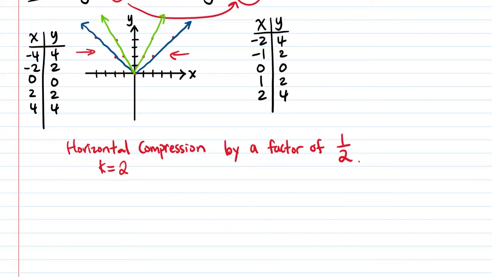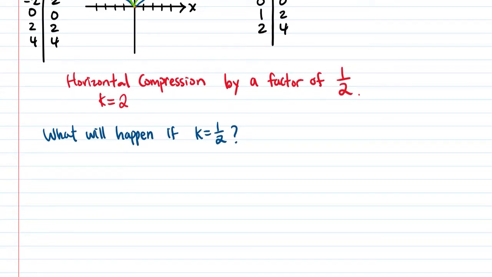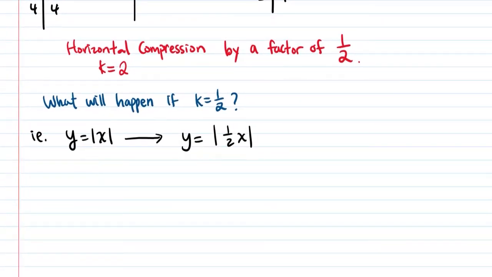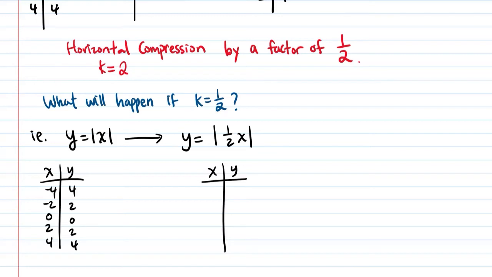Here's a question. What will happen if k was 1/2? Let's sketch the graph for k equal to 1/2. Let's make a table of values for this one as well. Let's keep the y values the same: 4, 2, 0, 2, 4. To have 4 as the y, it has to be 8 for the x. So we'll start with -8, -4, 0, 4, and 8.